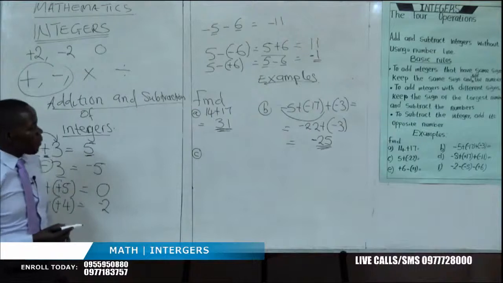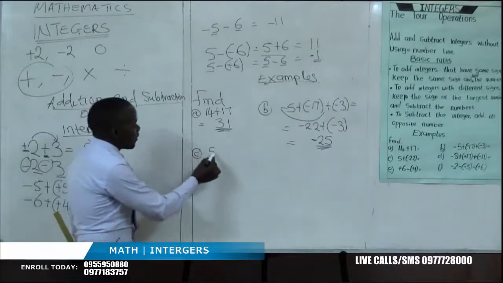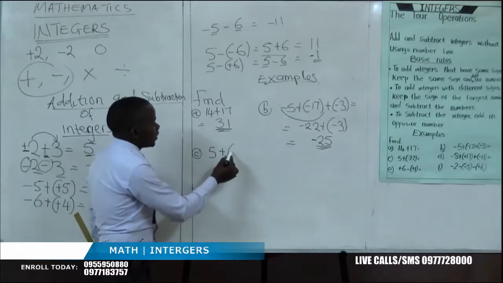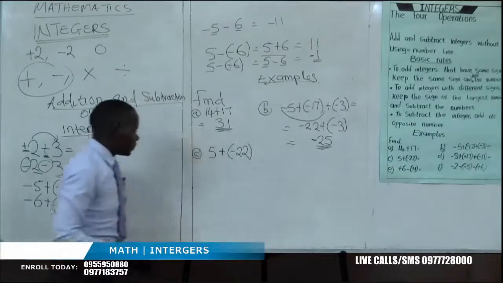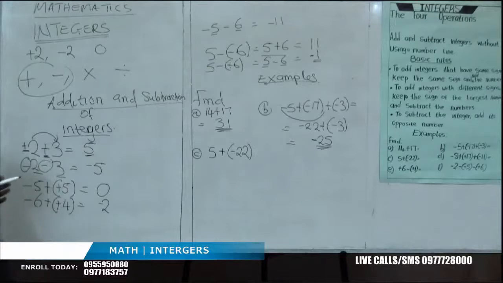So question 1C there says 5 plus negative 22. Now check what you have been given. What integers have you been given?